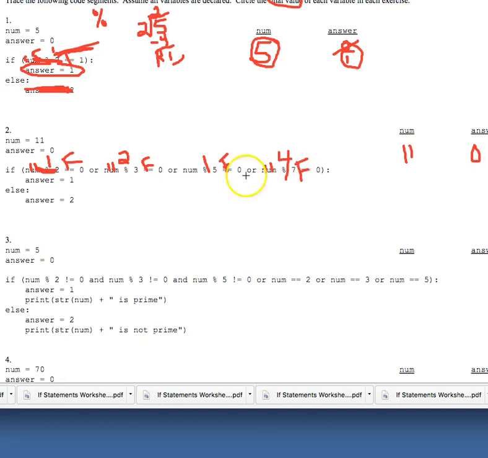I have falses on all of these parts with ors. When you have a false, or false, or false, or false, the whole thing is one big giant false. So we do not do this line of code that's indented here, answer equals 1. Because that's an else, we always execute whatever is in the else because there's nothing there to block us. There's no possibility of getting a false. So answer is equal to 2.